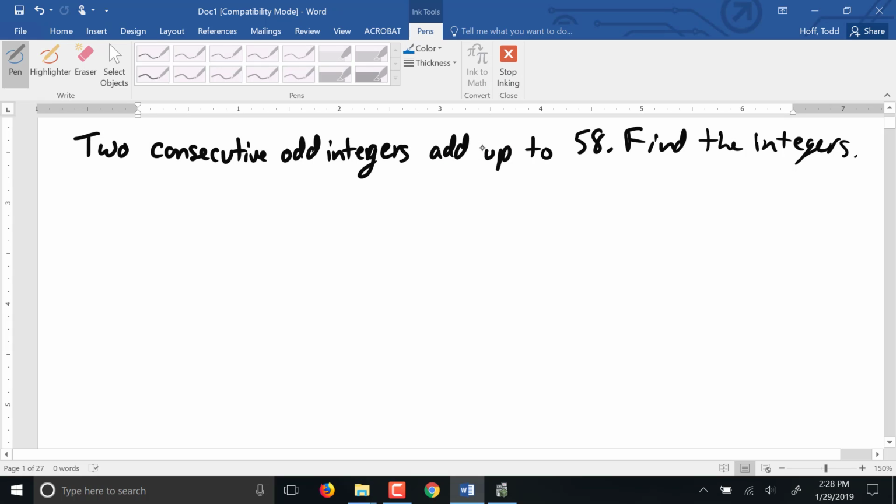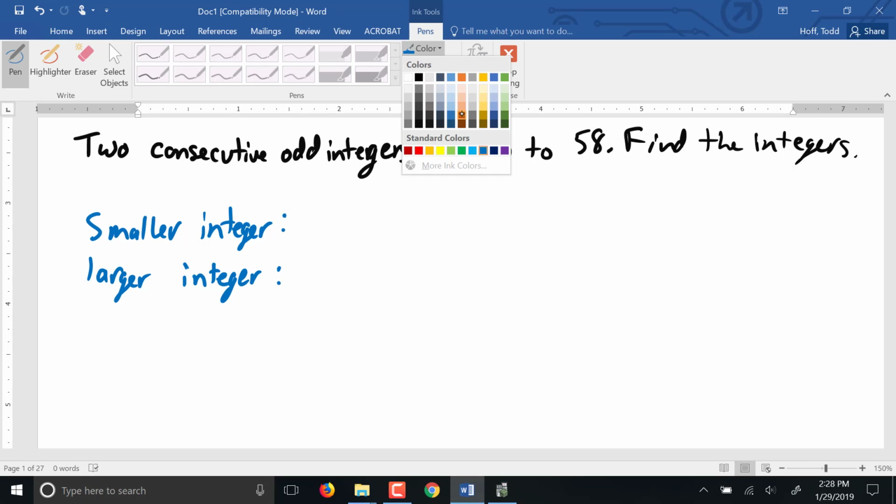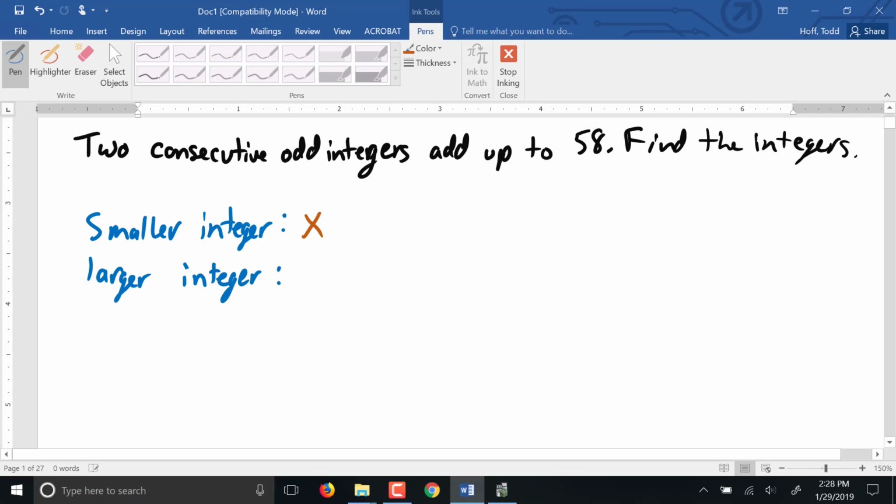Here we've got 2 things. We've got a smaller integer and a larger integer. Integer just means that it is not a fraction or decimal. An integer could be positive or negative, but no fraction or decimal portion. So I'm going to let the smaller one be x.